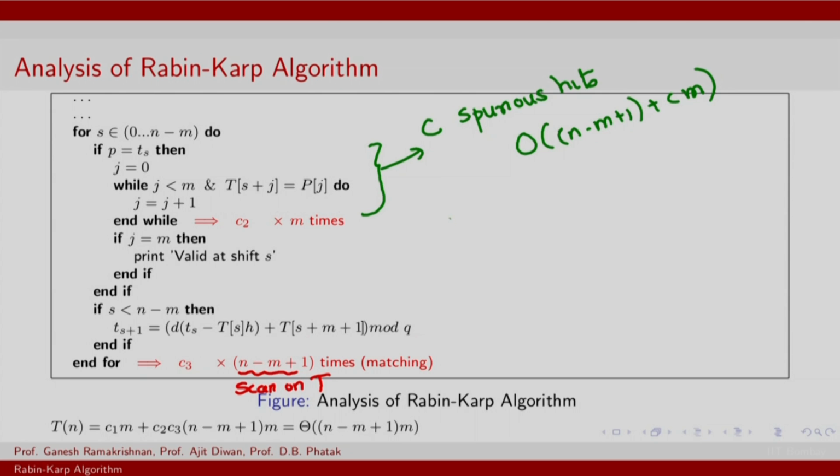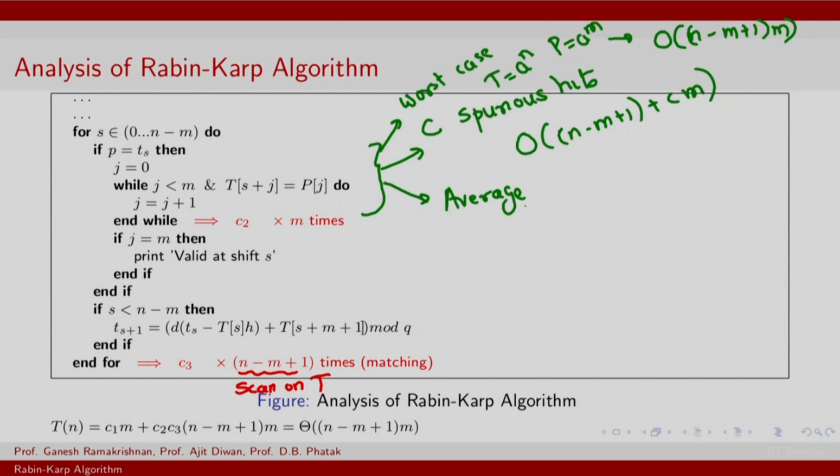We already seen the worst case. The worst case was when T was a raised to n and P was a occurring m times, and this led to an order n minus m plus 1 times m. However, the average case is actually better.